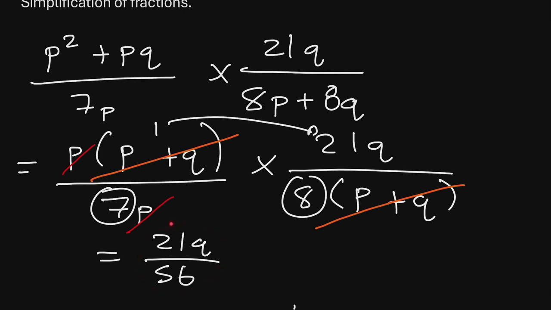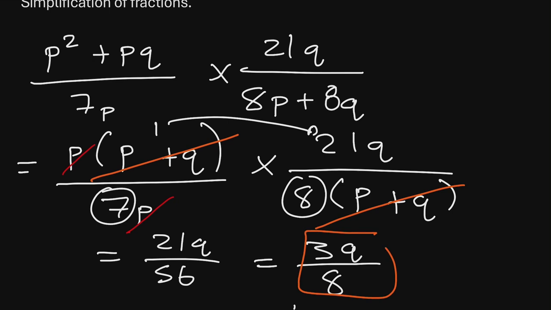We can just put this in our calculator to check if this can be simplified further. So we say 21 divided by 56, and that will be simplified to 3 over 8. But if we look at the top, we still have the q there, so you're going to write the q at the top. So this will be the answer to the problem.